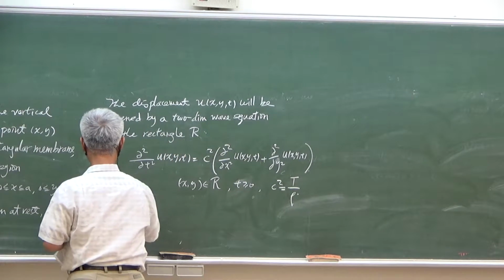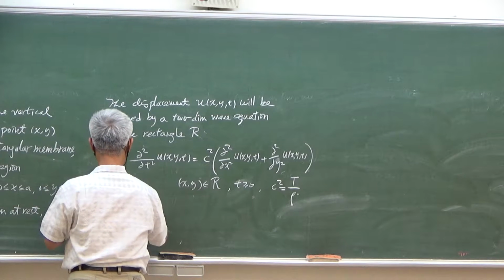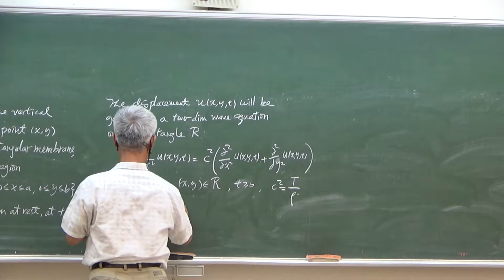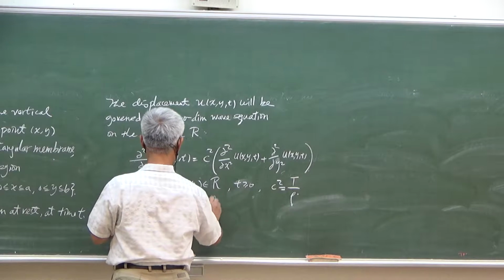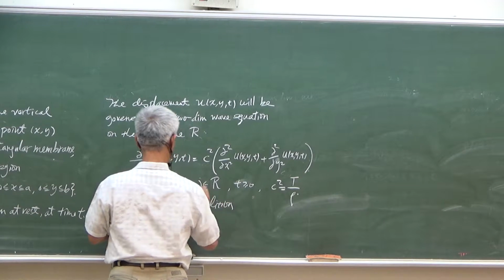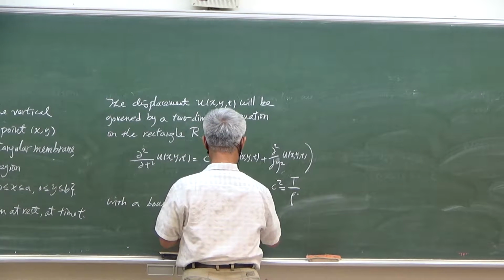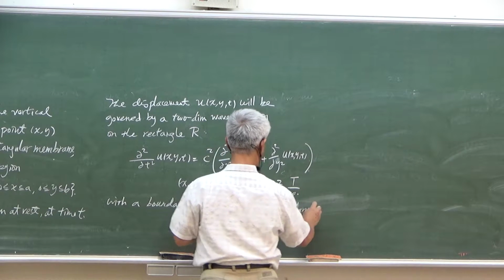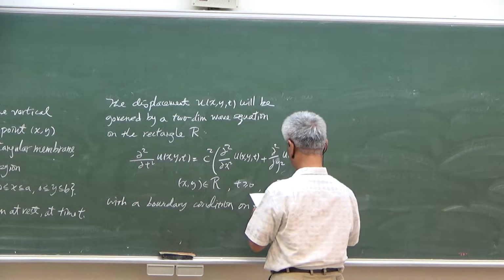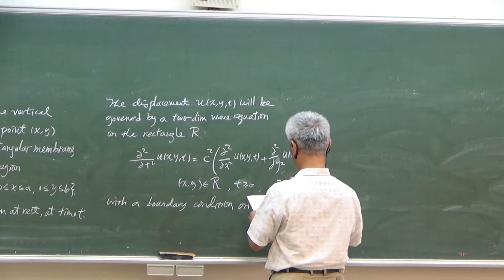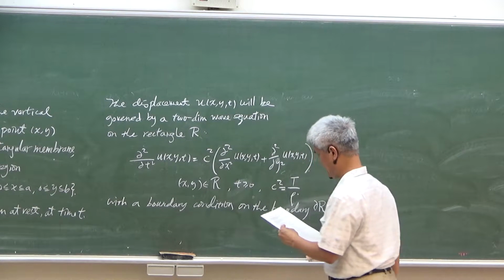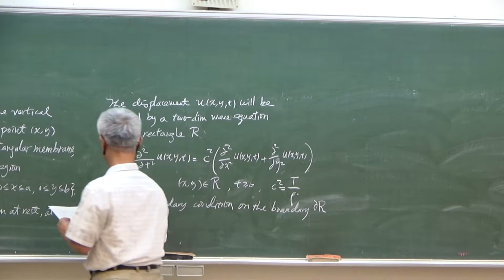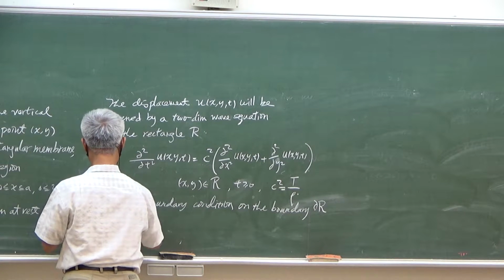And we will put the boundary conditions. The boundary condition on the boundary will be denoted by the boundary of the rectangle, ∂R.